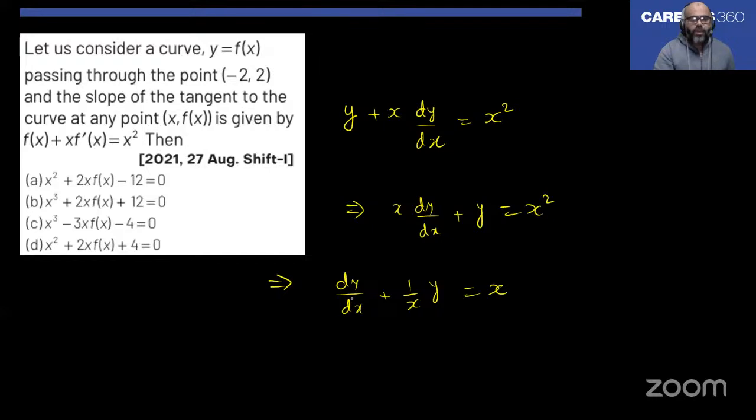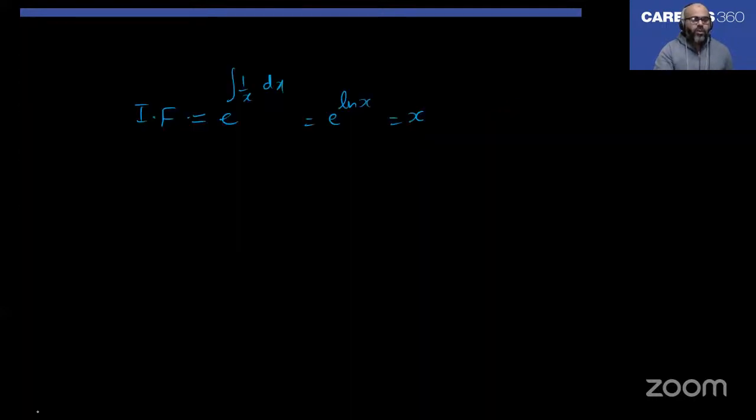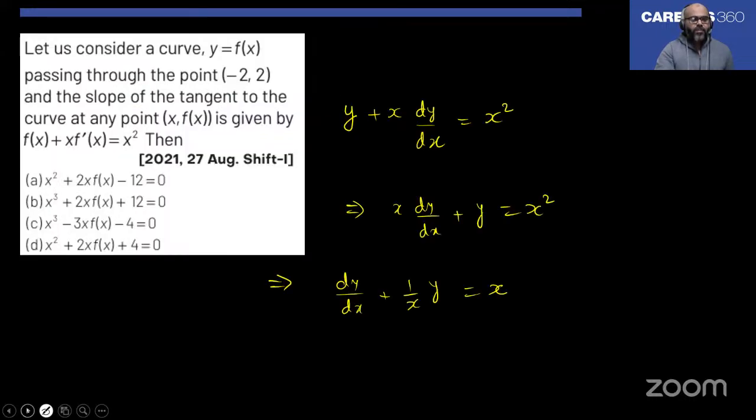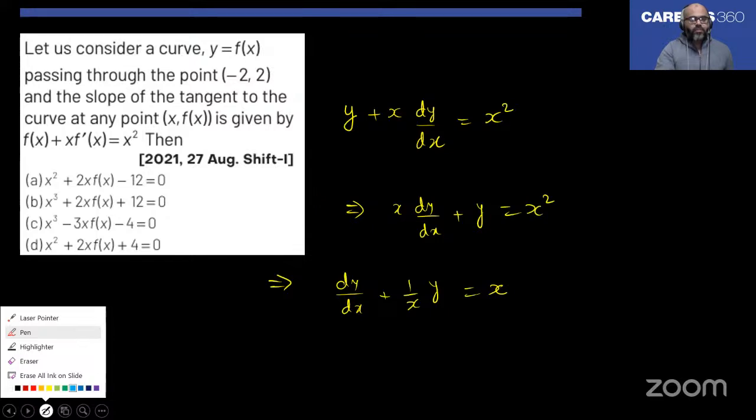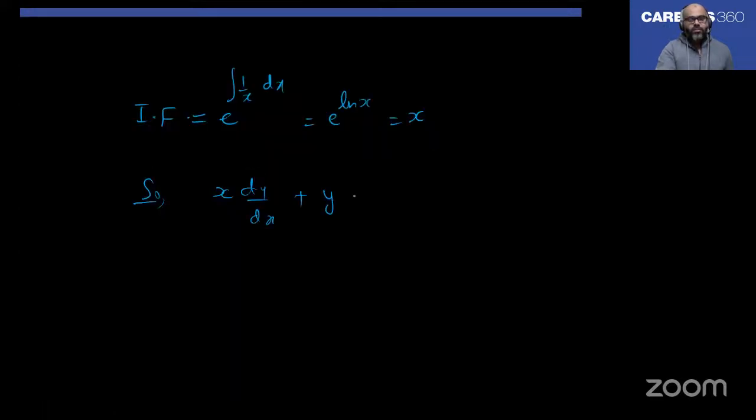So what we do, we multiply with this x. So it will become x dy by dx plus y is equal to x square when you multiply with x.